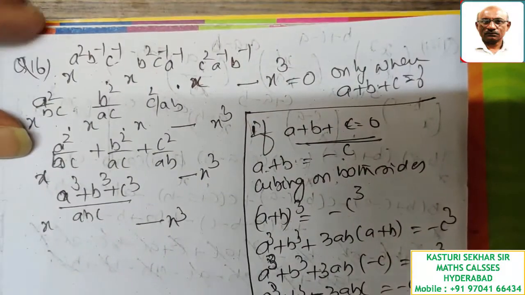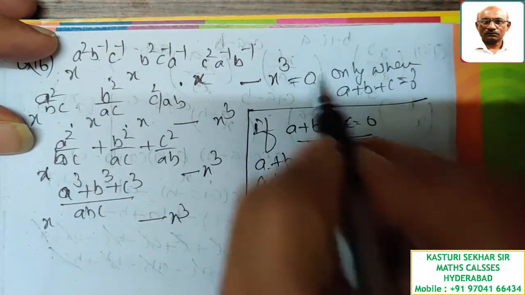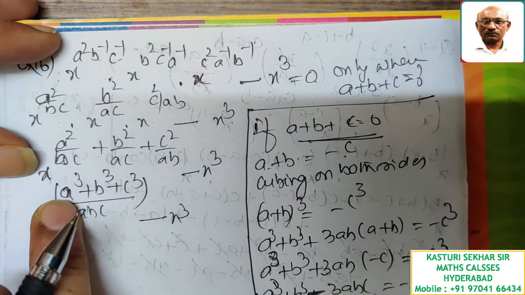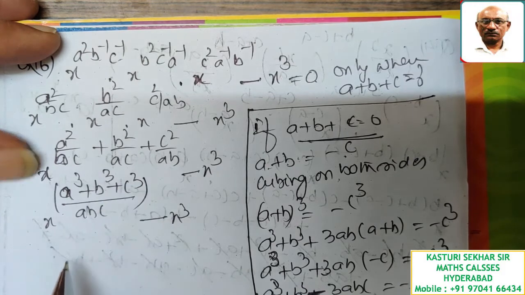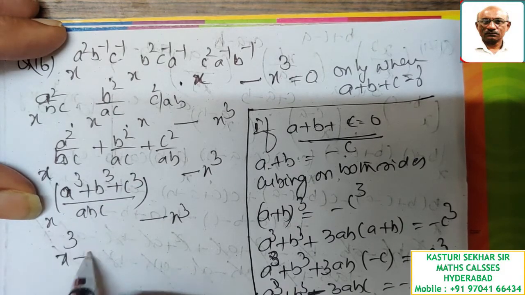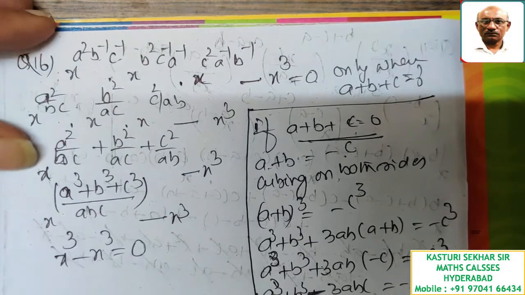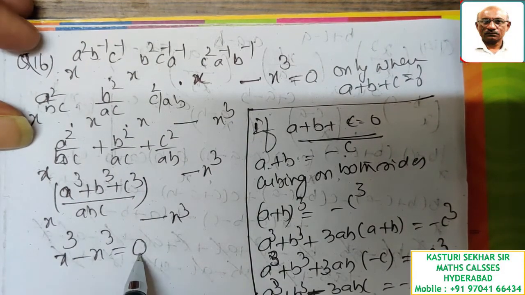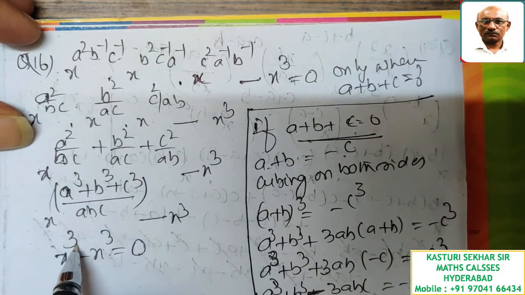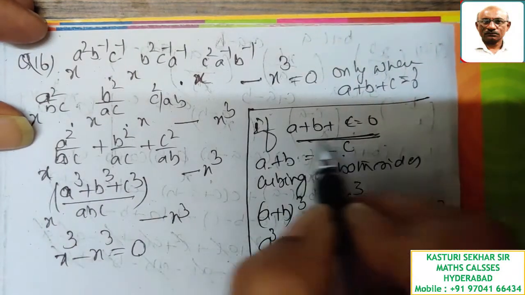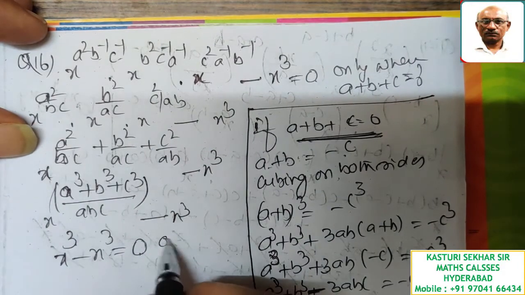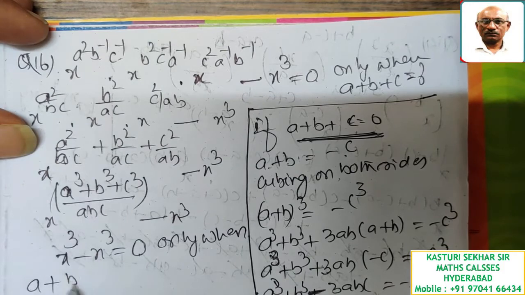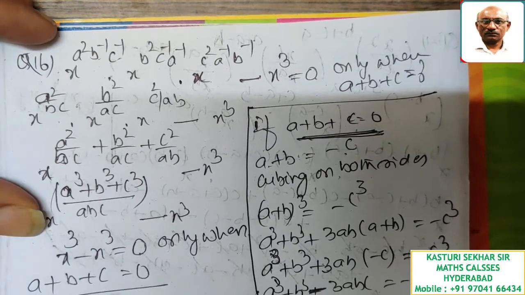Now here in this question, we have to prove this is equal to 0. This is equal to 0 only when I replace this power by 3. So this is x cube minus x cube is equal to 0. But we can write this whole as 3 only when this condition is true, that is, only when a plus b plus c is equal to 0.